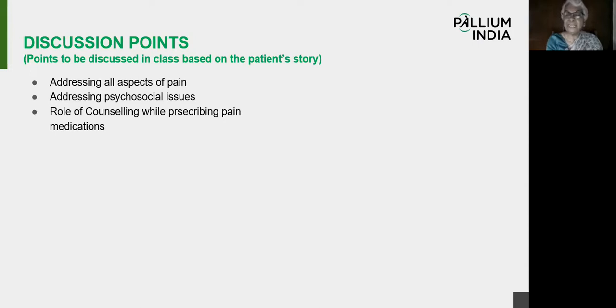We have treated the physical pain, that's fine, but she may be feeling so many other problems. She has social problems. She may be feeling psychologically depressed, so she has psychological pain also. So let us look at it from the view of total pain of the patient. Whenever we see a patient, physical is just one part of the pain that they're complaining of.